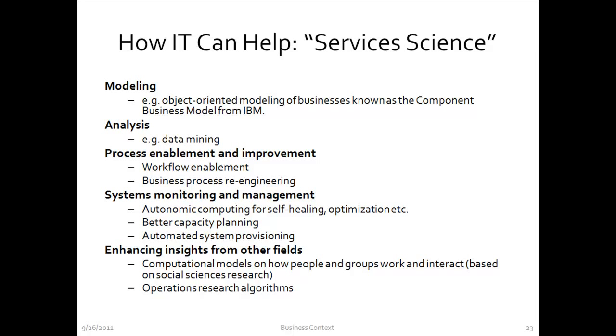The second area where IT can help is in analysis. So once you have your data, once you have your model, you can write programs, you can write algorithms such as data mining algorithms to analyze how your business is performing, and to suggest ways for improvement. The third way is essentially around automation. So you can take the business processes that exist within an organization, the way people do things in an organization, and automate them.